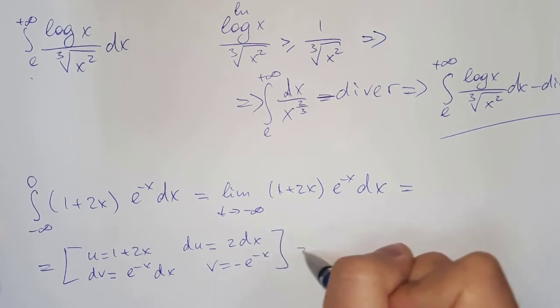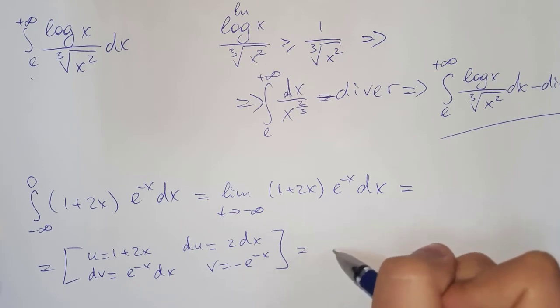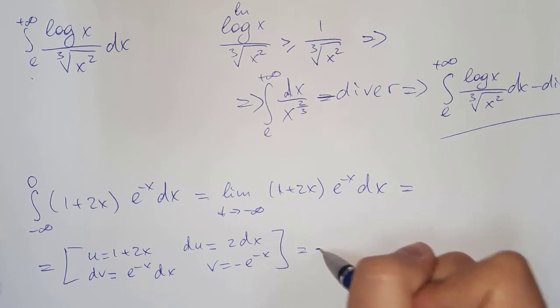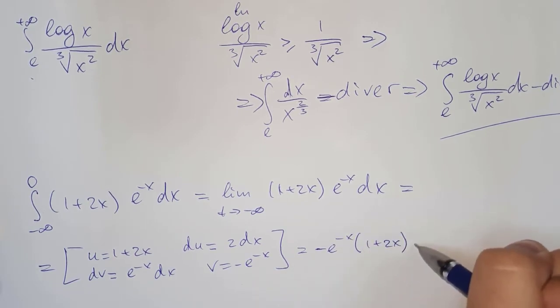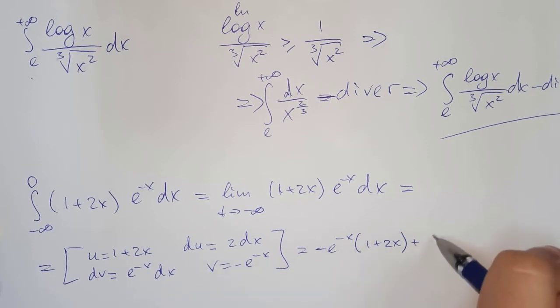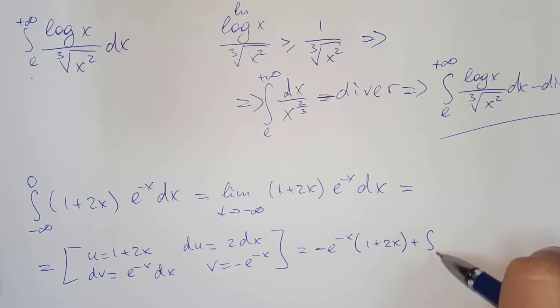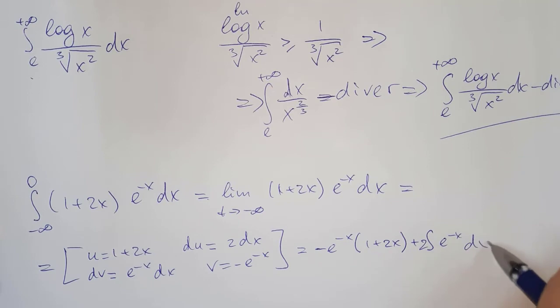Now let's compute our integral. It will be uv, minus e to the power of minus x times (1 plus 2x), and minus minus again, plus the integral of 2 e to the power of minus x dx.